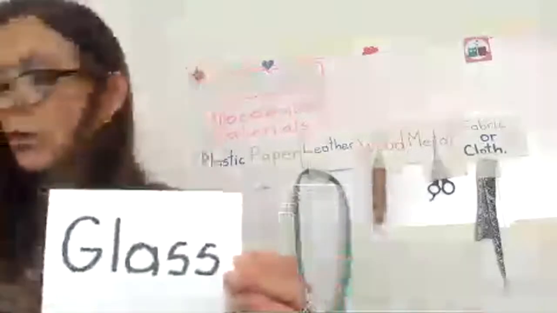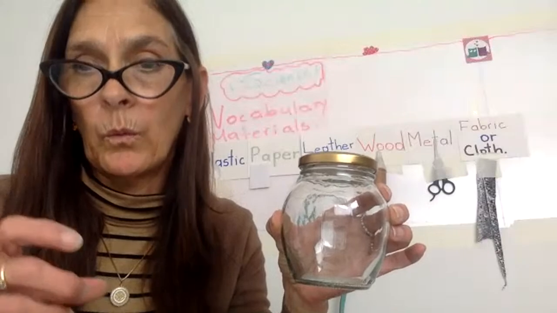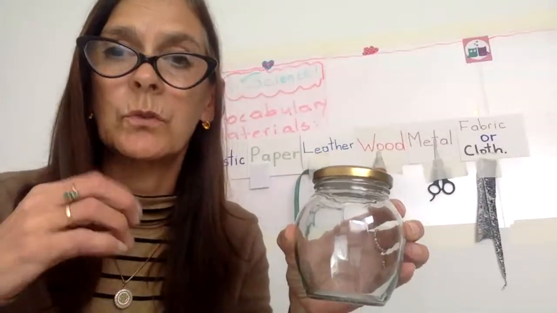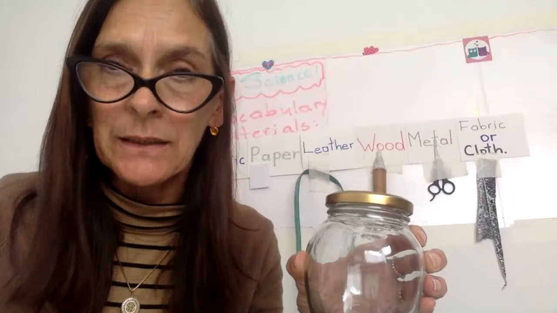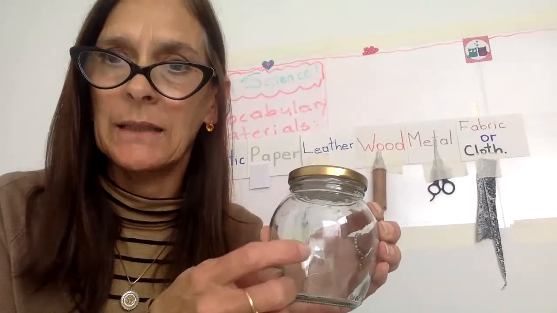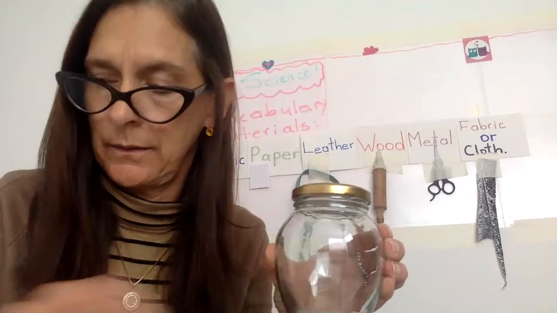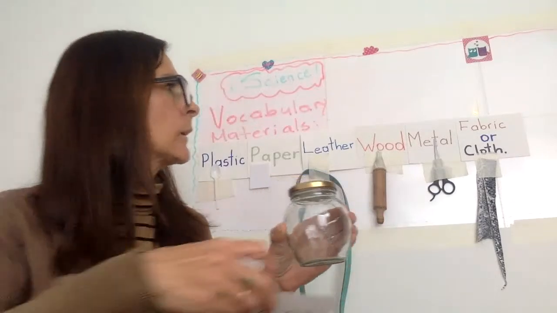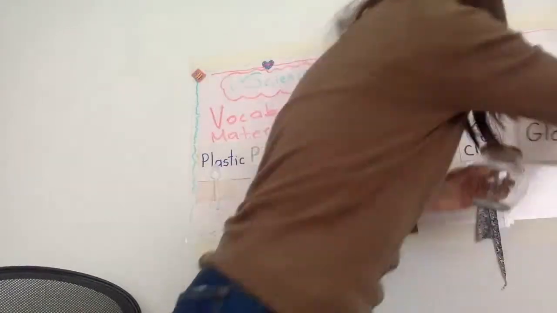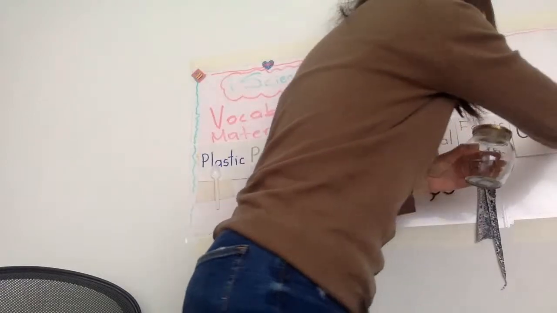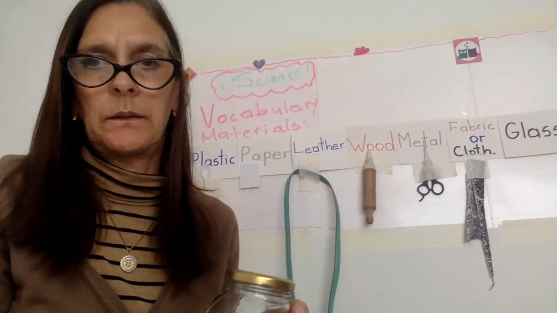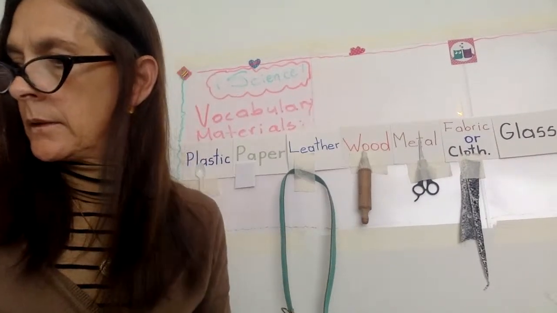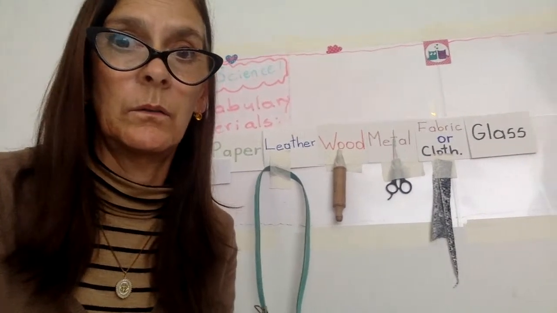Here I have the word, but when we drink juice or water, I pick up my glass, and that is made of glass, and it's hard. But I cannot paste my glass right there on the board.